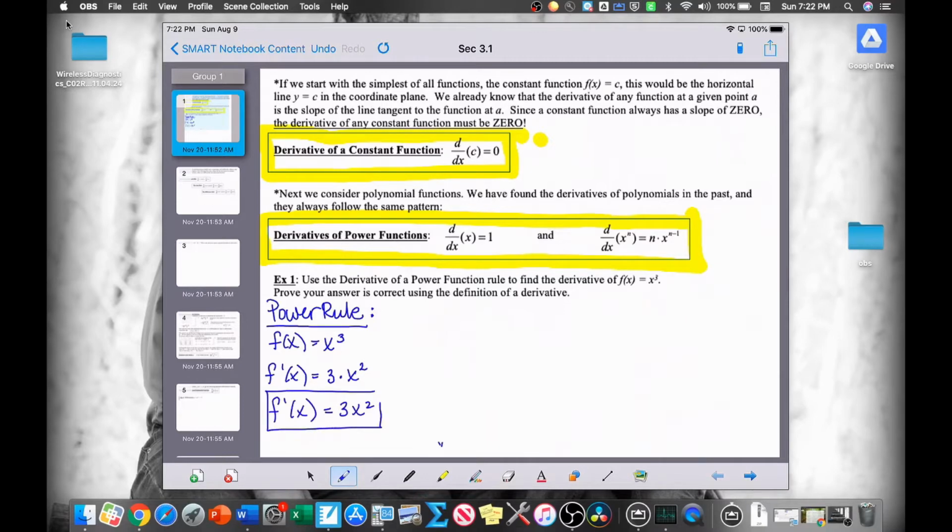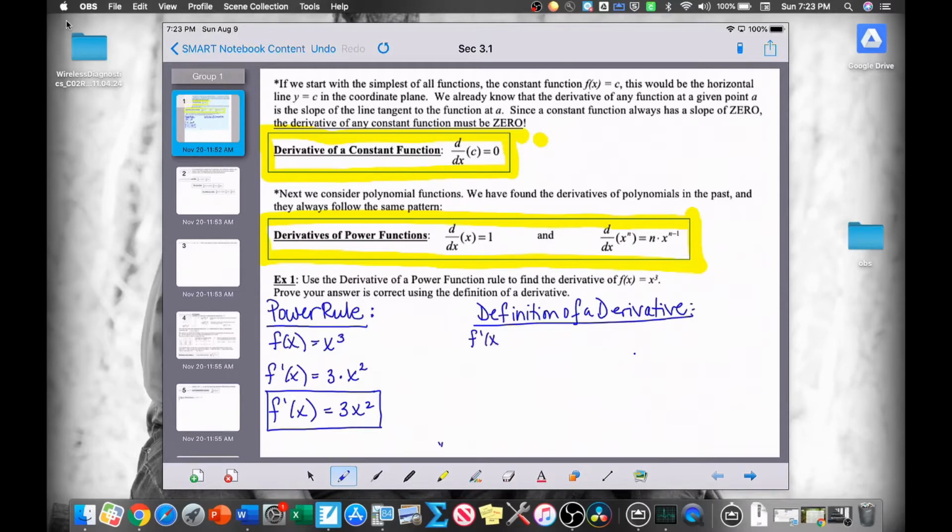So easy, right? So now let's prove that this shortcut power rule actually works by using the definition of a derivative, or in other words, the difference quotient, which we have been doing, like I said, for about the past 8 weeks.